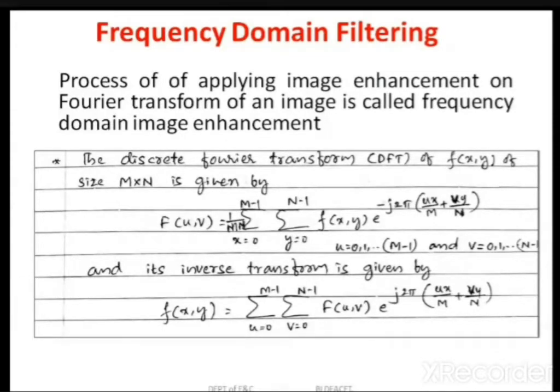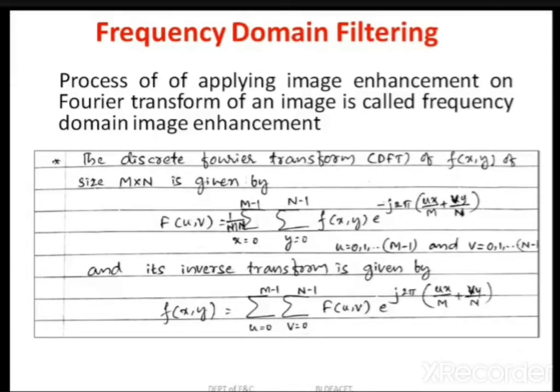Values, they are going to represent the intensity of the different pixels. That's why, to perform frequency domain filtering operation, first we are going to apply the Fourier transform on the image. Once we apply the Fourier transform, we are going to get the frequency content of that two-dimensional signal. Then later we can carry out the different image enhancement techniques.